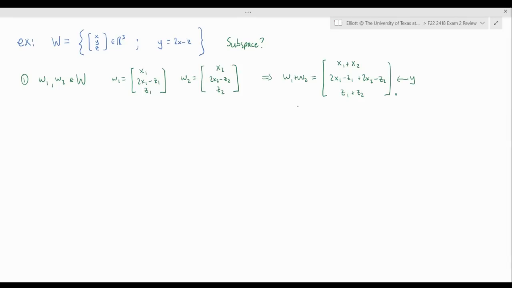We want to know, is this y coordinate equal to twice the x coordinate minus the z coordinate?